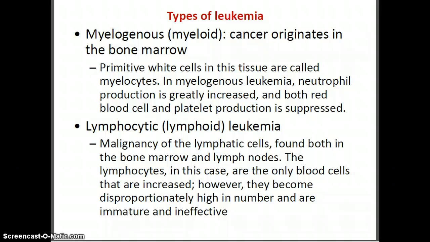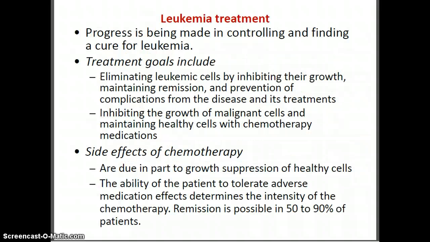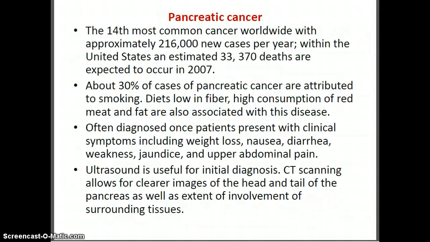Myelin is the medical term, the root word for bone marrow, or it could exist in the lymphatic cells. And here are some more types of leukemia. Treatments, side effects. There are always side effects to harsh treatments such as chemotherapy.